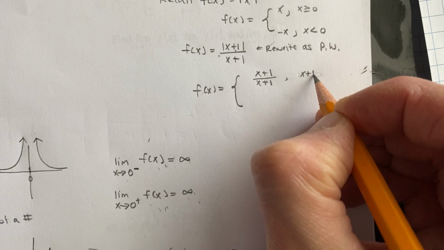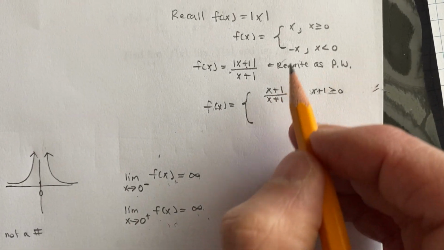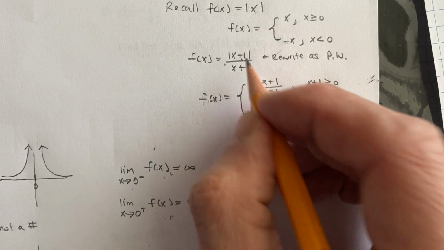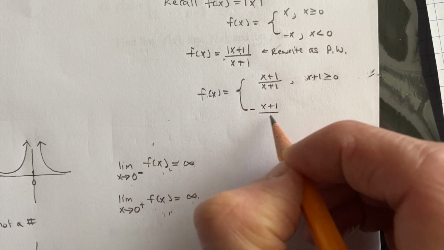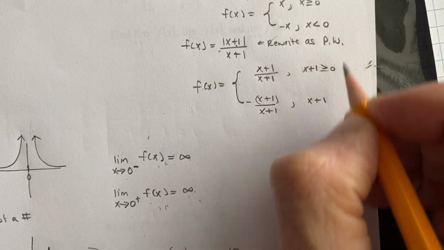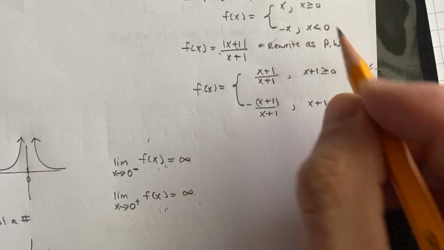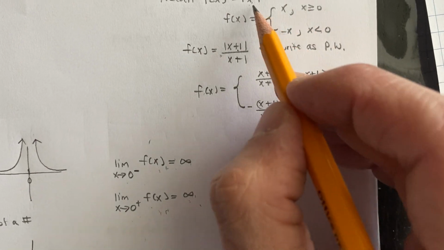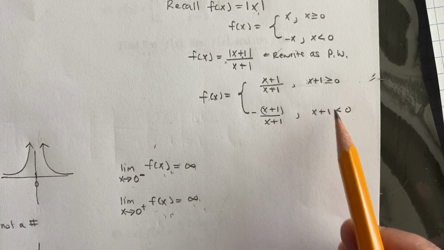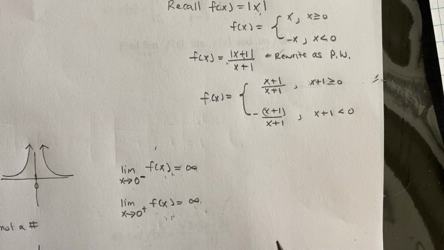So I made a mistake there. Set it greater than or equal to 0. And then I also have the negative of this, right? So the negative of this with the absolute value dropped is this. And then I set the argument less than 0. Okay, so again, whatever's in here is basically what's inside the absolute value symbol. So this will define my domain.